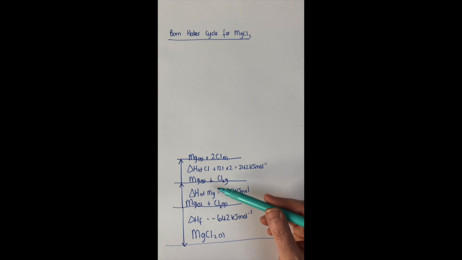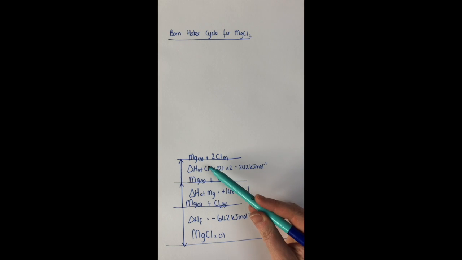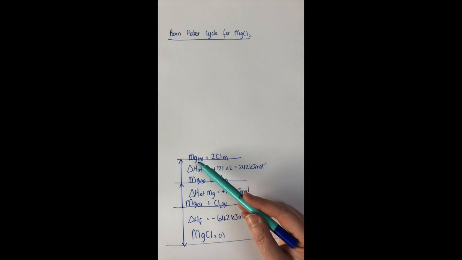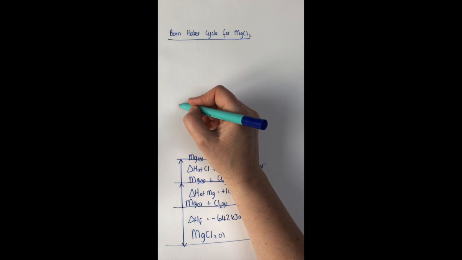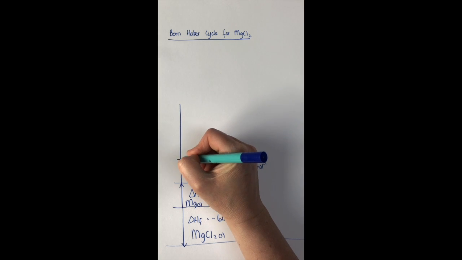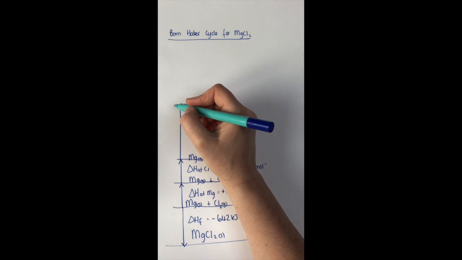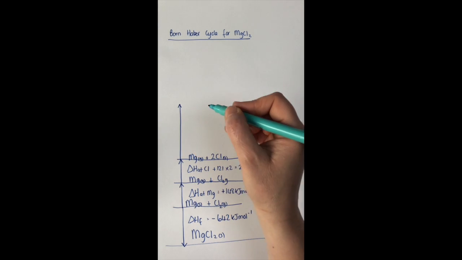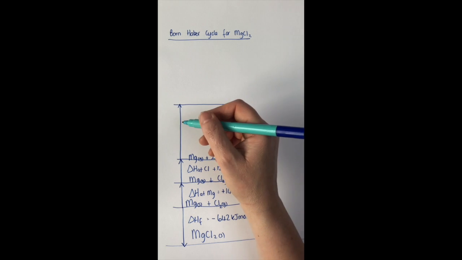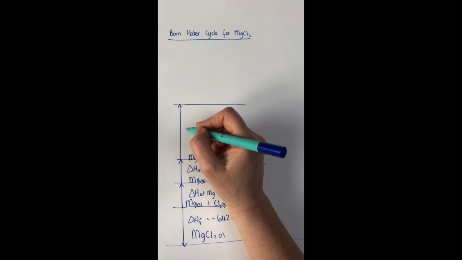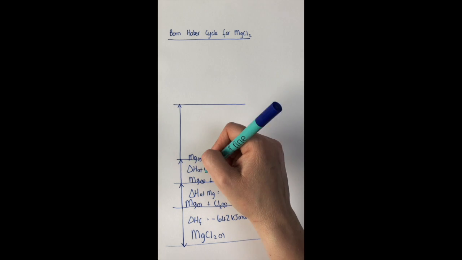Right, so now we've atomized the chlorine and we've atomized the magnesium, so our next step is to ionize that magnesium to convert that magnesium atom into an ion. So we need to show that. Let's draw an arrow up. Now this is quite a large value, so I'm going to draw a larger arrow up. And this is the first ionization energy for magnesium.